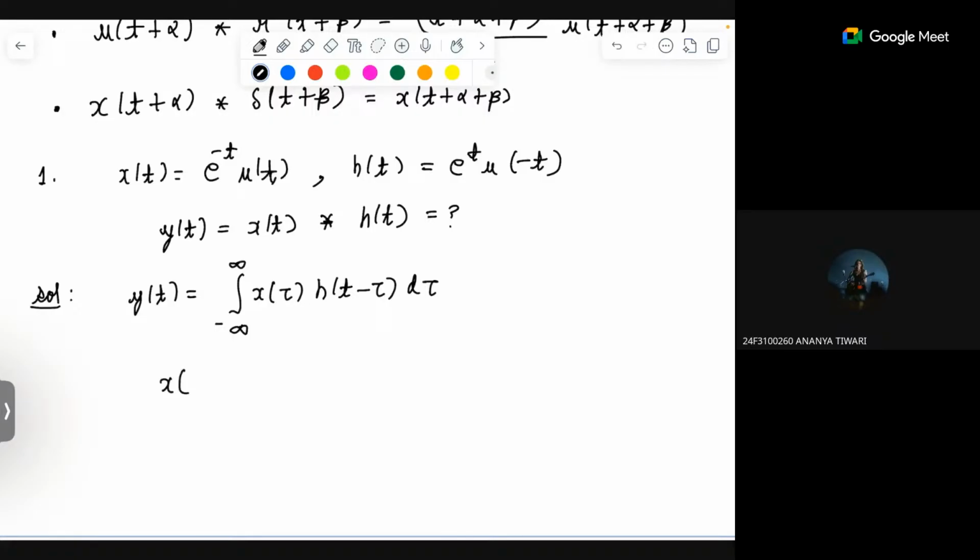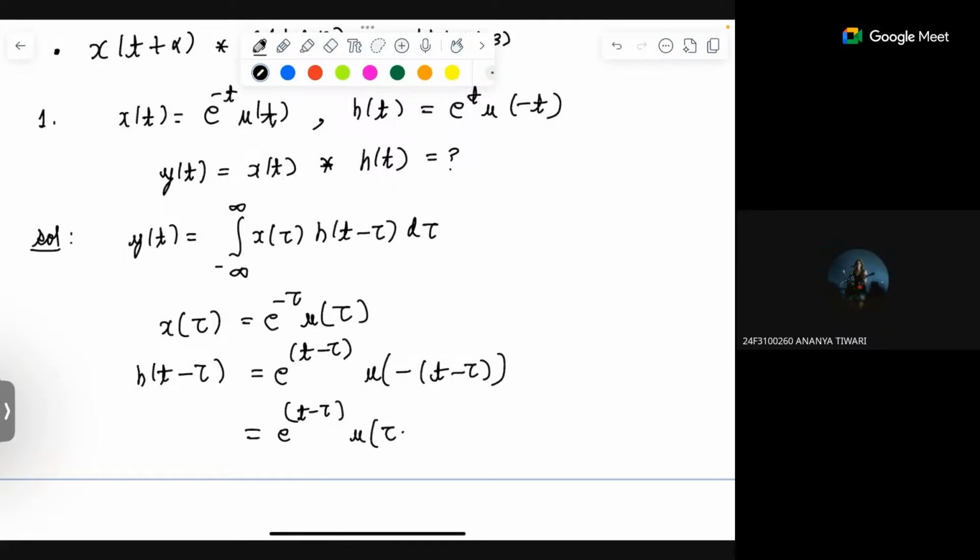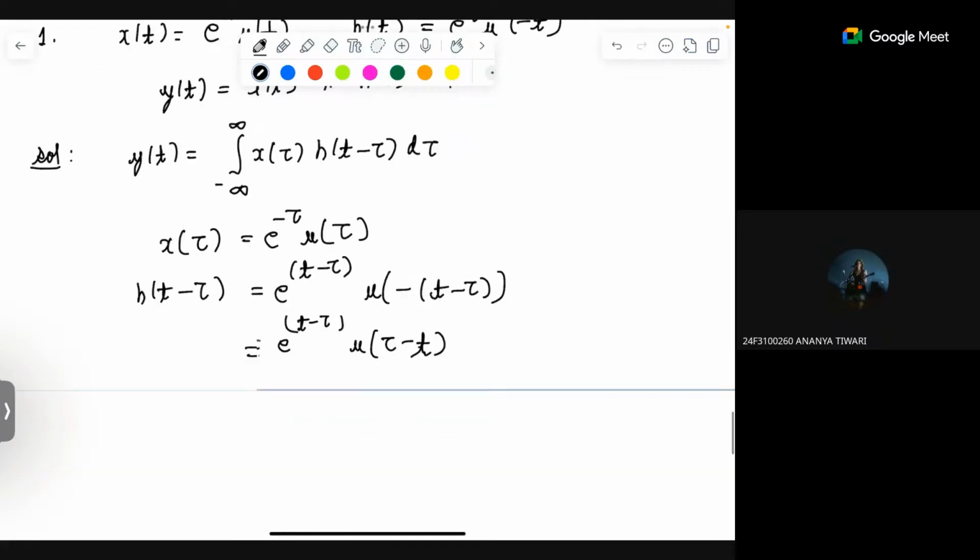So x of tau will be e raised to the power of minus tau u of tau, and h of t minus tau will be e raised to the power of t minus tau u of minus t minus tau. That gives me e raised to the power of t minus tau u of tau minus t. Let us substitute it back in our integral.